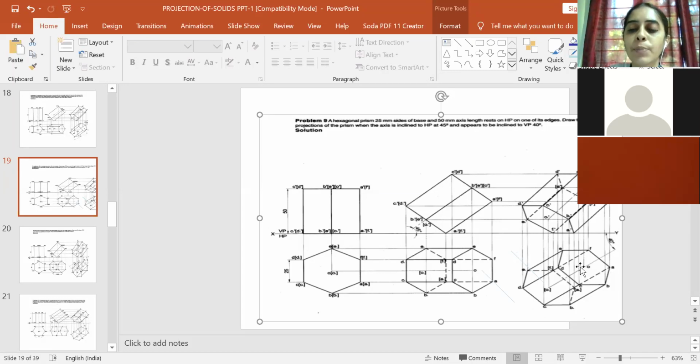Since the axis appears to be inclined, we will just shift the apparent length to the given 40 degree to VP. And also the hidden lines what you have drawn here could be cross checked. I have told you always the projections coming through the hidden sides or the edges will be hidden over here also, provided they are not on the outer boundary.